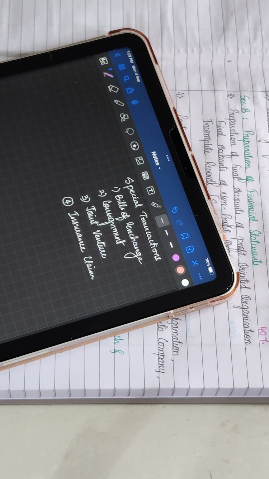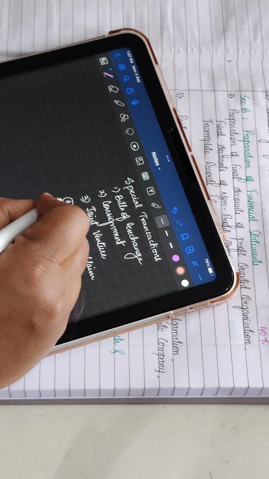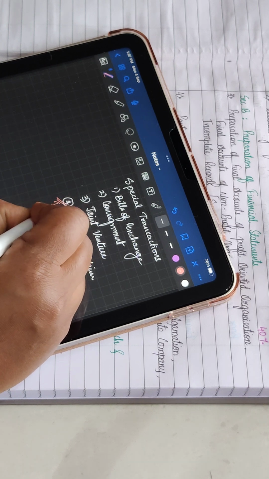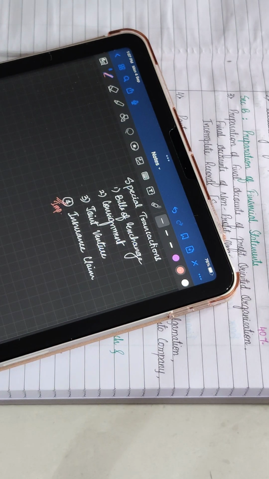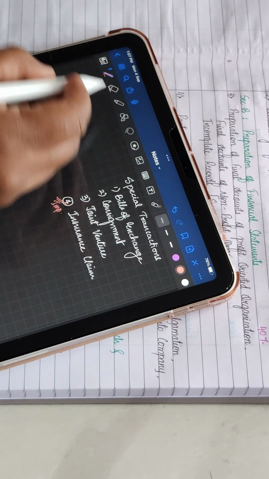Insurance claim is a very important topic, usually asked. They have asked in previous question papers. So this is a scoring part.